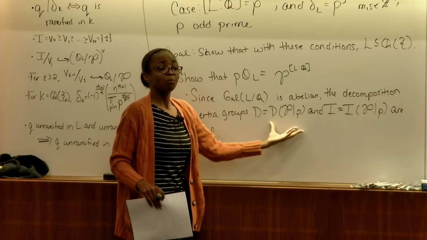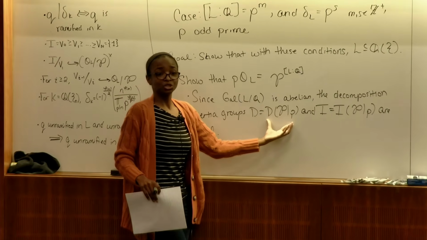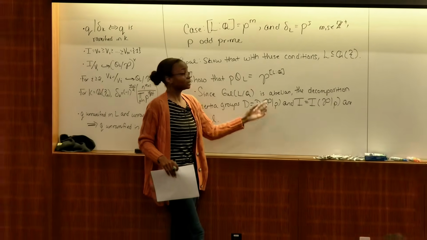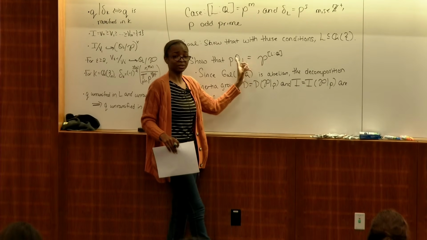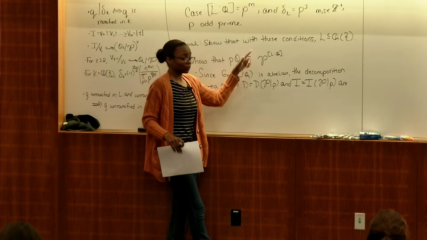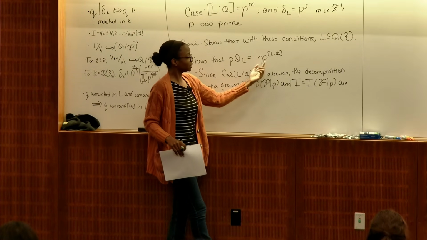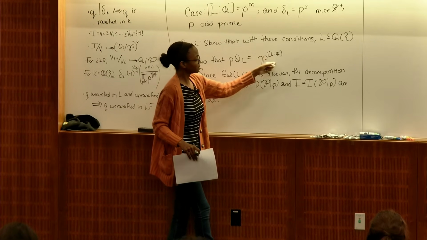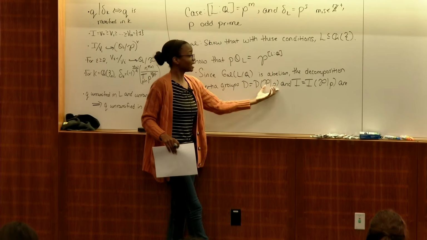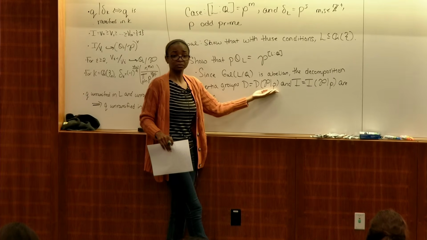Okay? But if conjugation changes nothing, what that means is no matter what other primes might have appeared in the factorization here, if I run through all of the different Galois conjugates, so sigma of this, sigma of any other primes that are appearing here, I haven't changed the decomposition group at all.